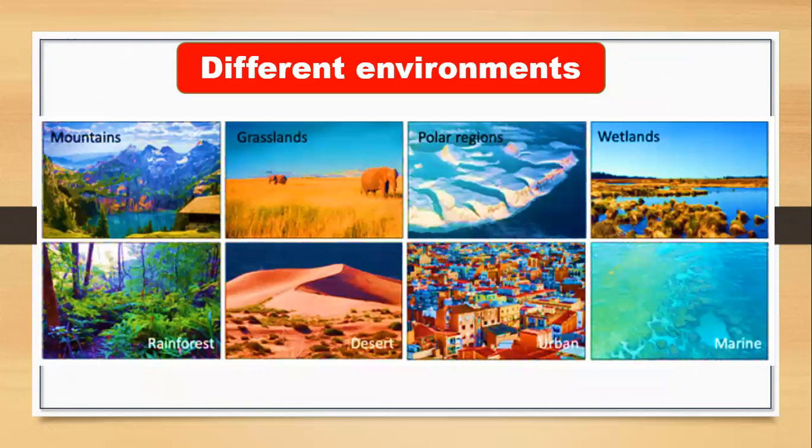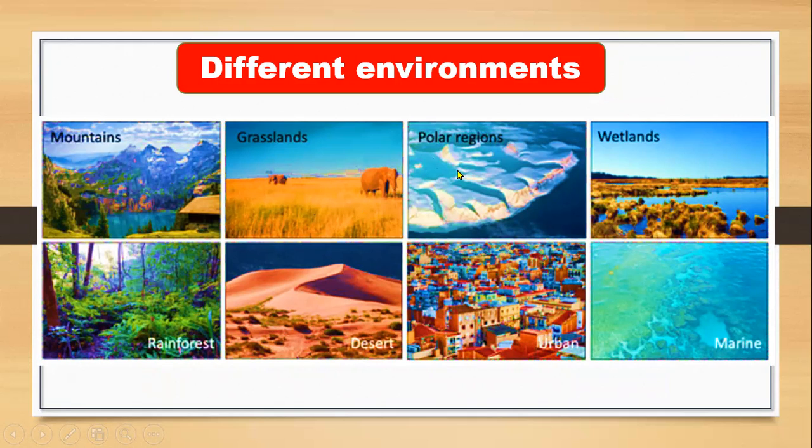So let's talk about some names. Look at picture number one. These are the mountains. Some animals live on the mountains because they can get food there. This is the grasslands. Some animals live here.